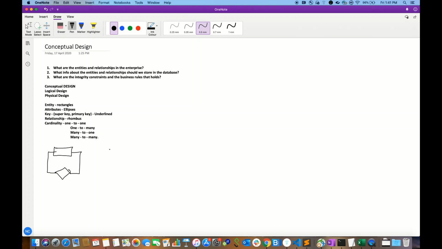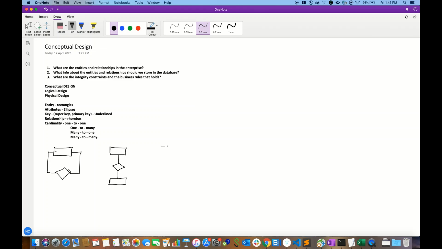For a binary relation, suppose there are two entities, and they both are related to each other in this way. So it is a binary relation.